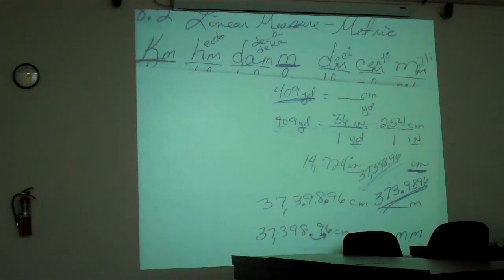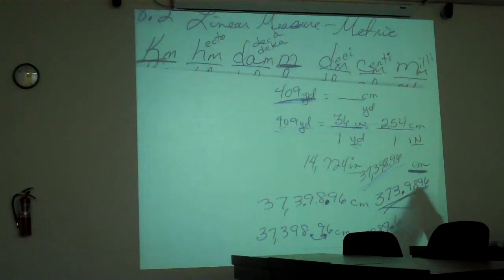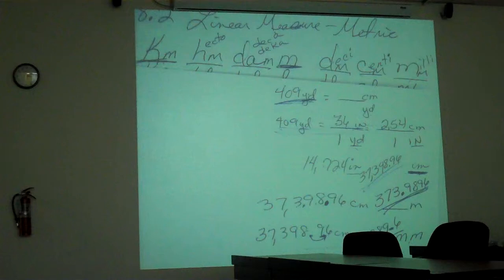So that makes it 373989.6, and then you can go back and put your comma. So that would have been the very last column right there. From centimeters, yes, it was right here. I did meters. From meters, you'd have to move it 3 times. 1, 2, 3, it still ends up in the same place. Okay. So you can convert from either one of them, it should come out the same.